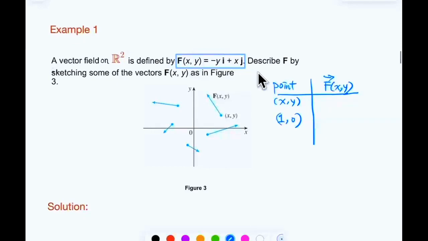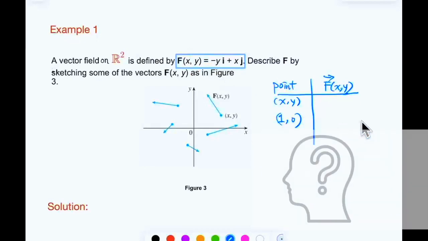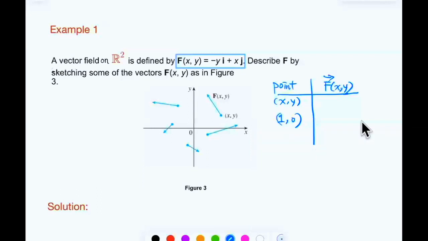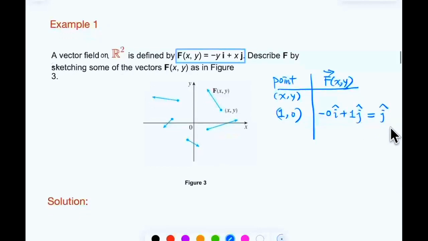If we input this into this vector field, what will be the output? Yeah, j, right? You're going to get negative y, and y here is 0, so that is going to be j. The output will be this vector j.